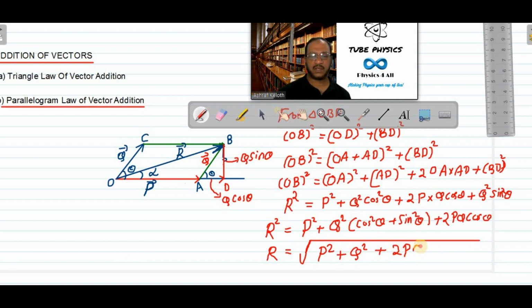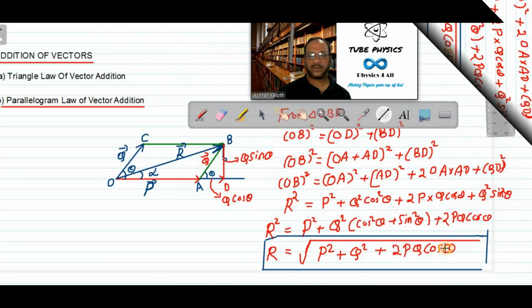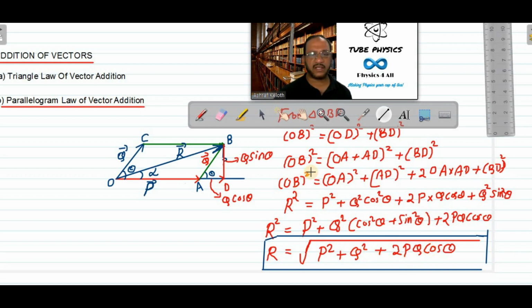This is the equation for the magnitude of the resultant. You have to derive this much for the resultant of two vectors by using the parallelogram law of vector addition. This will give the magnitude of the resultant.